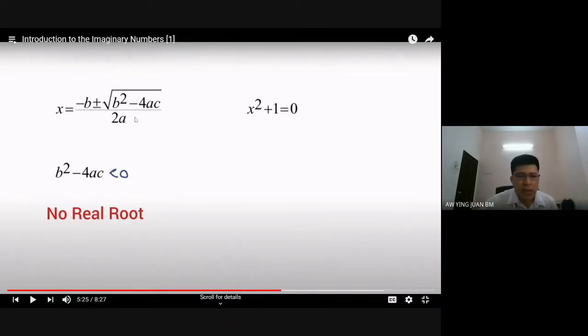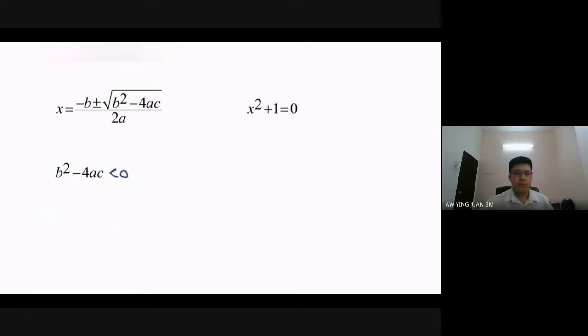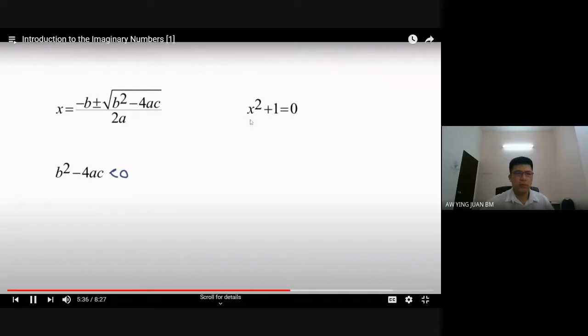So actually the discriminant is inside the formula for finding the roots. Okay, roots means the value of x, when y equals to 0. Based on what we have studied earlier, x squared plus 1 is equals to 0 will not have any real roots as the value of the discriminant is negative 4.